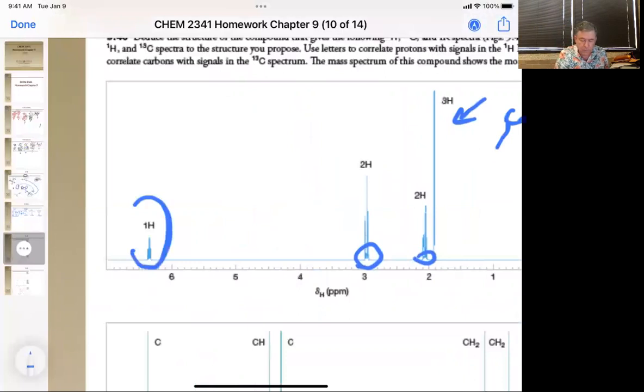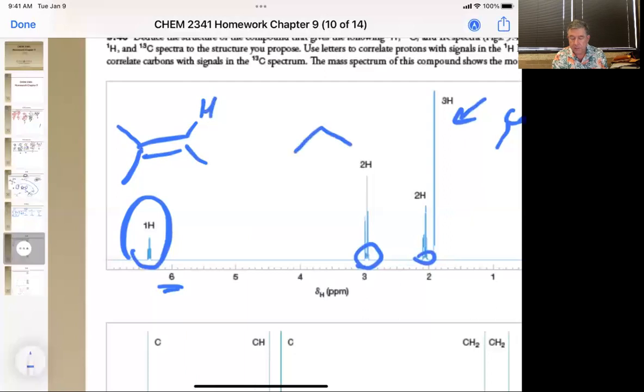Then we have a triplet with 1 hydrogen, but look where it is. That means we have to have an ethylene with actually only 1 hydrogen on it. We have to have that kind of structure somehow, so we have that as a fragment. And then we have a CH2 and then a CH2 next to something, and then we have a methyl group by itself.